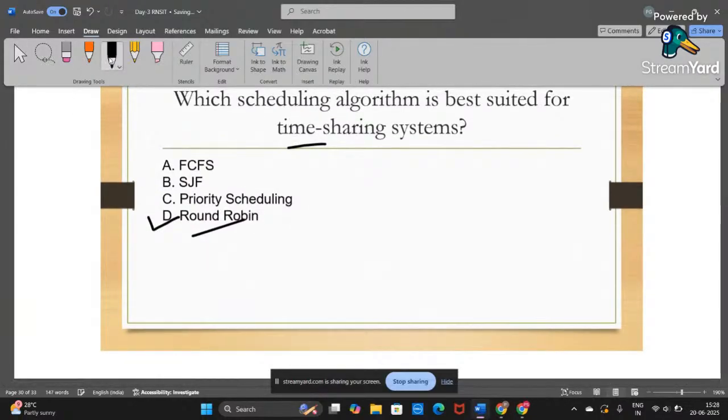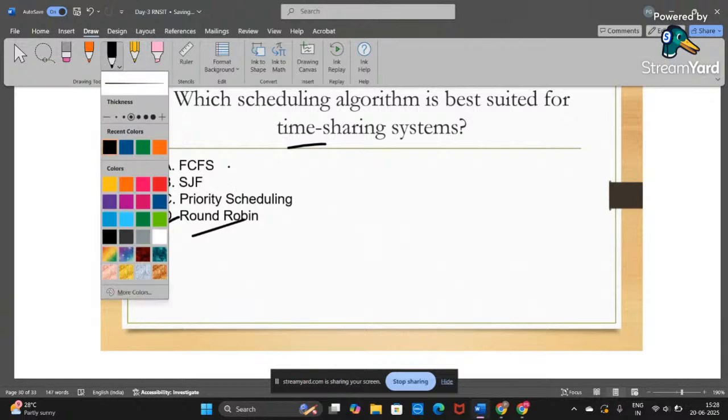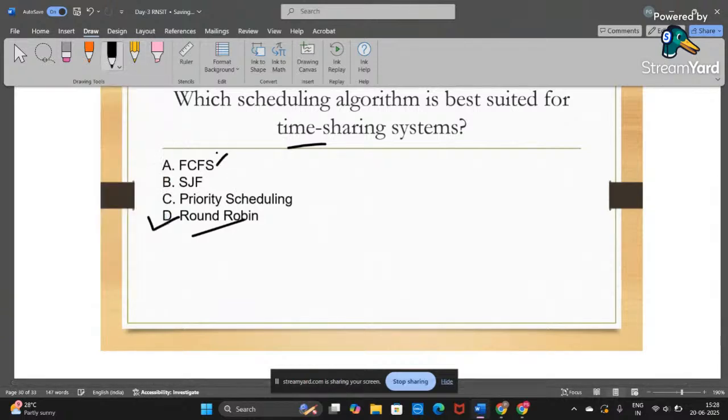See, first come first serve is simple but has poor response time for long processes. SJF, shortest job first, is hard to predict because job length is hard to know. And priority scheduling can starve low priority tasks.